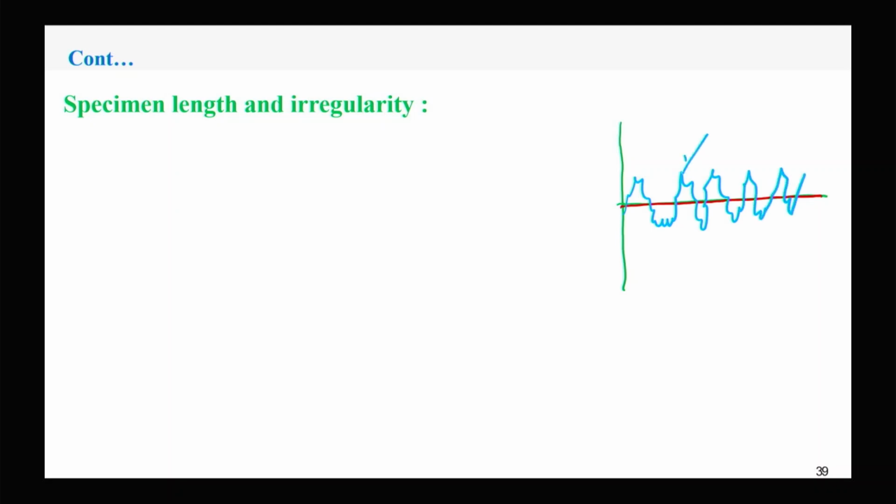For the blue yarn, as we know, there is a weak link effect that we have already explained. But for the yarn with zero variation, irrespective of the length, the strength will be the same. So if we take different gauge lengths, strength will not change. So here the weak link effect is not there. So this shows that with the increase in irregularity, the weak link effect also increases. For the yarn with higher variability, the weak link effect will be more prominent.